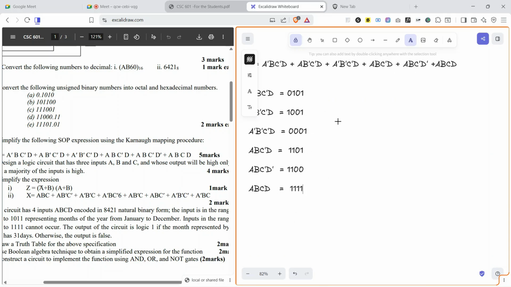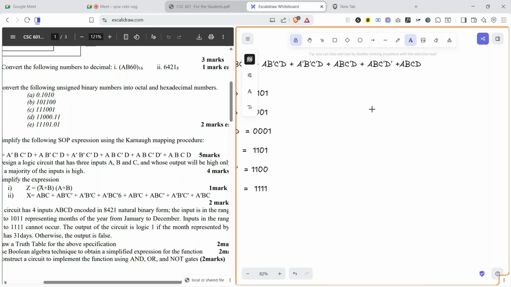So now to draw the K-map, it is going to be something like this.